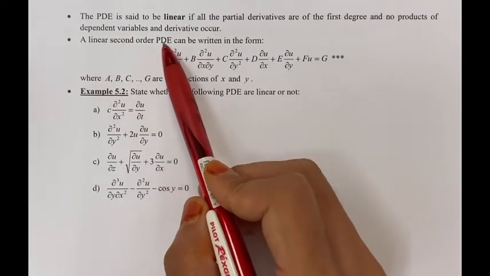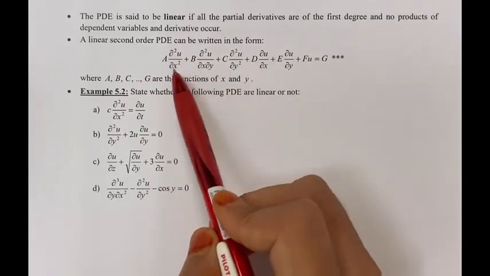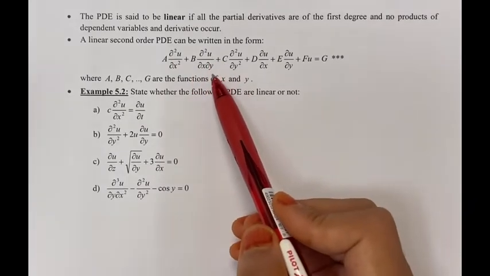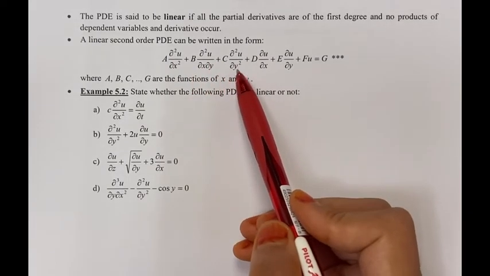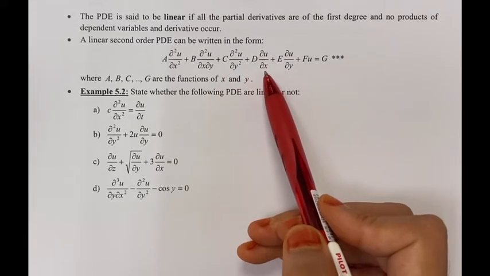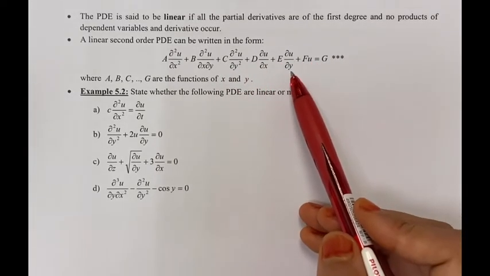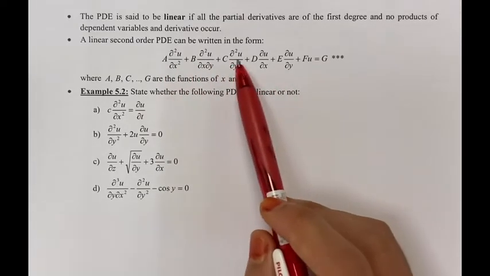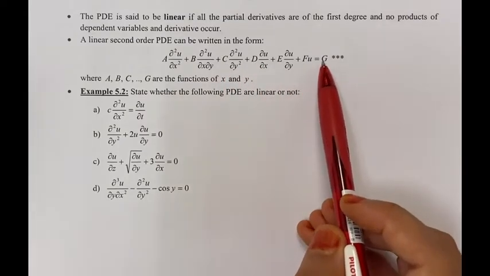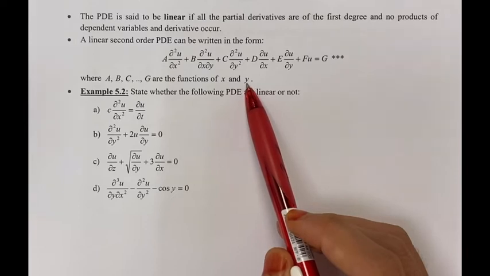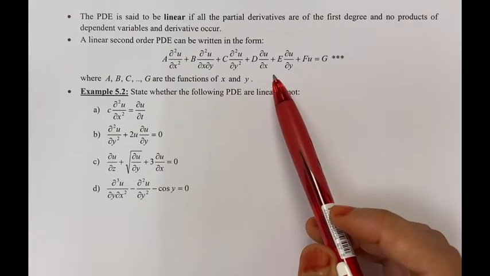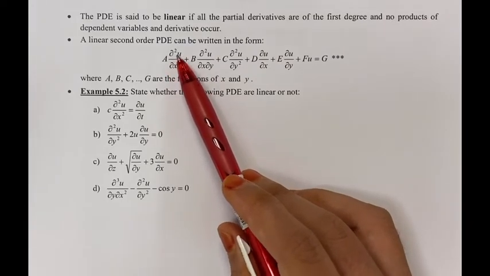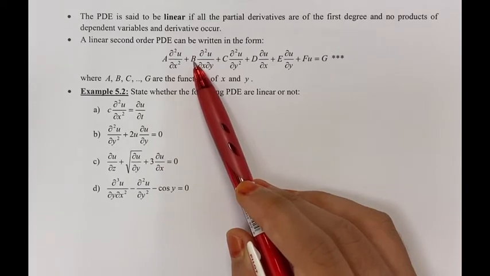A linear second order PDE can be written in the form A ∂²u/∂x² plus B ∂²u/∂x∂y plus C ∂²u/∂y² plus D ∂u/∂x plus E ∂u/∂y plus F u equals G. A, B, C, D, E, F and G are functions of x and y, and they can be constants as well. They can be 0. For example, you can have A ∂²u/∂x² with B equal to 0, so you don't have this term.